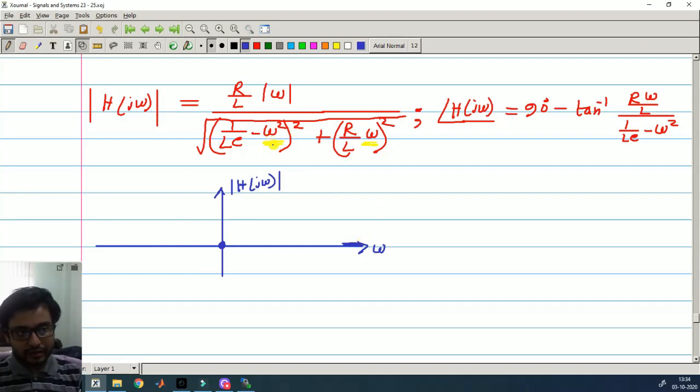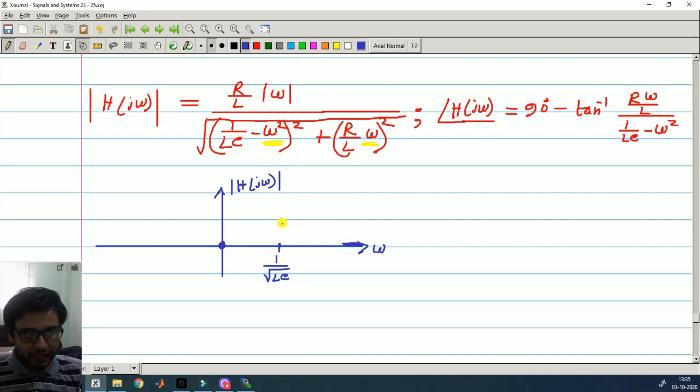And somewhere in between, when omega square is equal to 1 by LC, that means omega is 1 by root LC, this term will vanish, and from here you will get one omega term in the denominator, and there is 1 omega in the numerator. They will cancel and you will get some finite number.